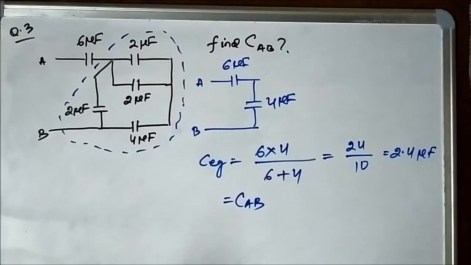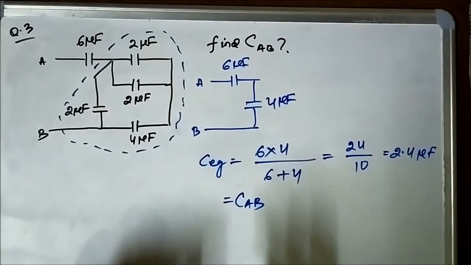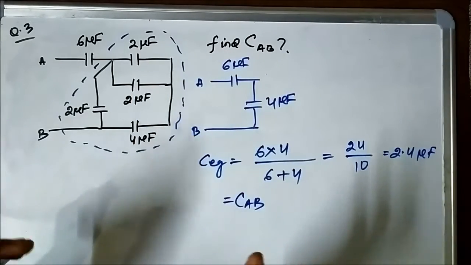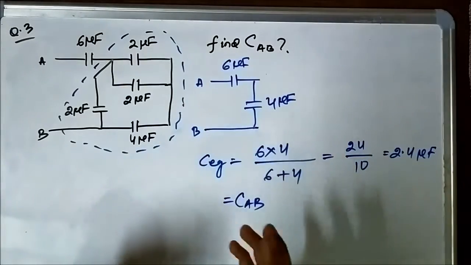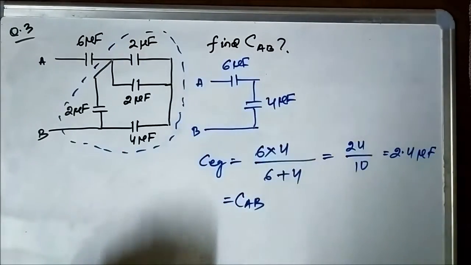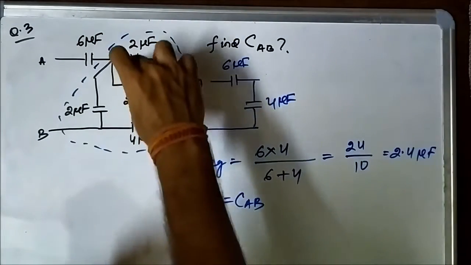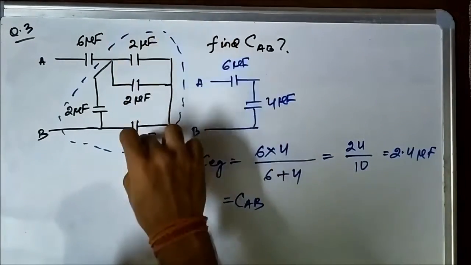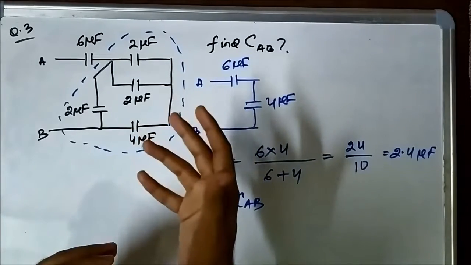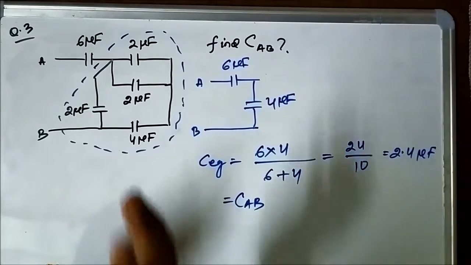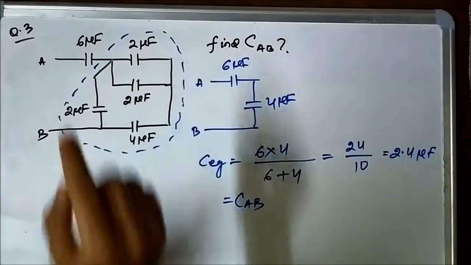Just see again, the tip is the same. Whenever you come across a circuit, first of all identify the patterns of connection. Here, these two capacitors were in parallel, and we converted them into one 4 microfarad capacitor. Then that 4 microfarad and this 4 microfarad were in series, giving 2 microfarad.